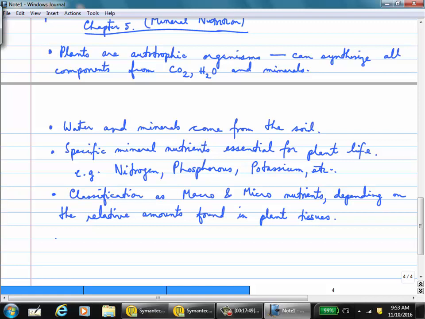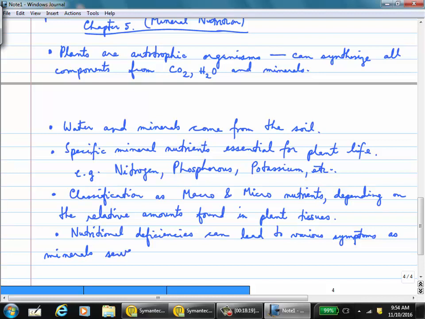So nutritional deficiencies can lead to various symptoms, as minerals serve as components of organic compounds, in energy storage.